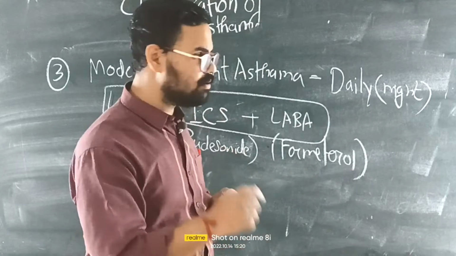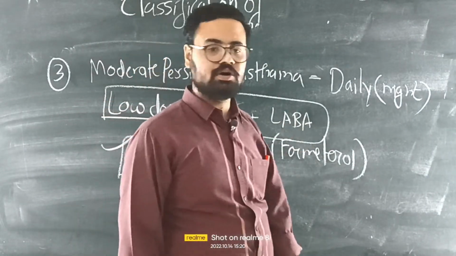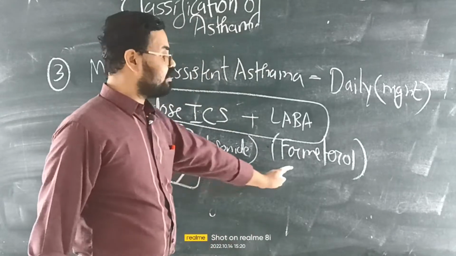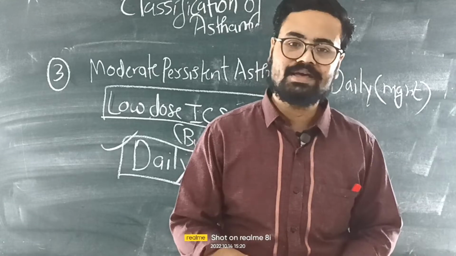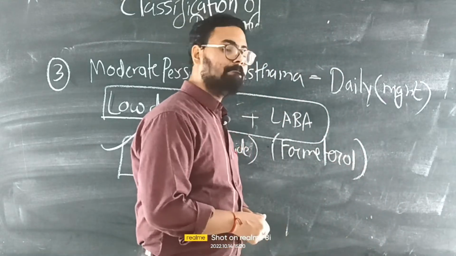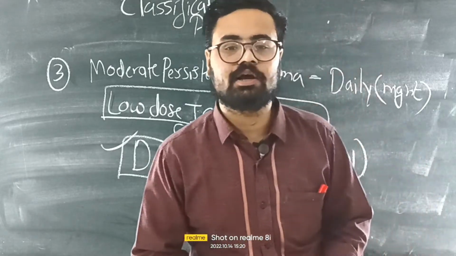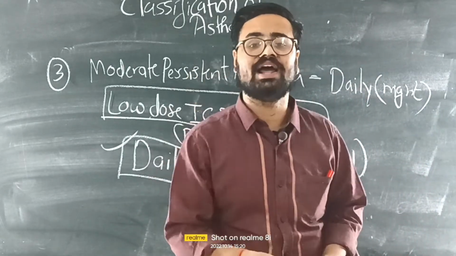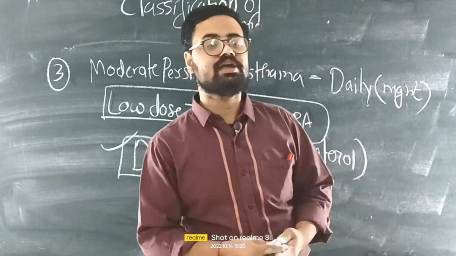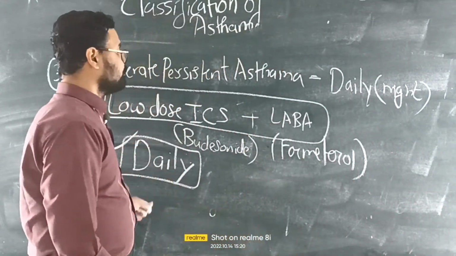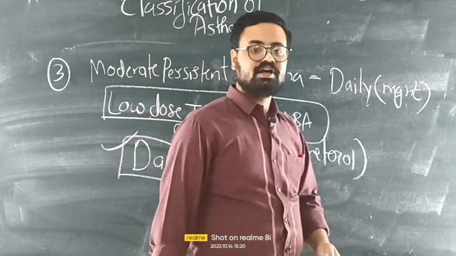Here we will provide budesonide and formoterol daily, on the daily basis. Why? Because here the severity of asthmatic episode is more, because all the night the patient will suffer during the asthmatic attack. So here we will provide low dose inhaled corticosteroid and long acting beta agonist.